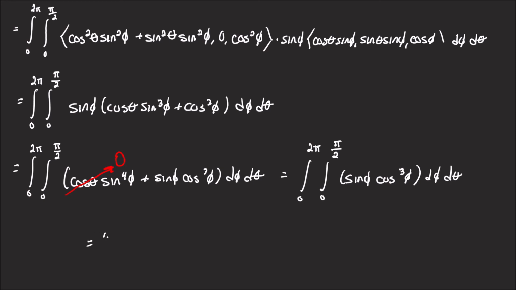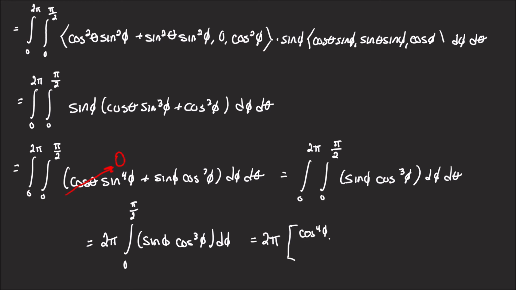This will of course be 2 pi times the integral from 0 to pi over 2 of sine of phi cosine cubed of phi. We can use u-substitution. This will be 2 pi times negative cosine to the fourth phi over 4, where phi goes from 0 to pi over 2.